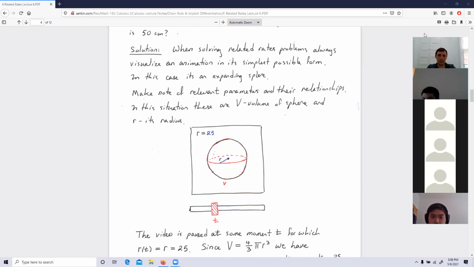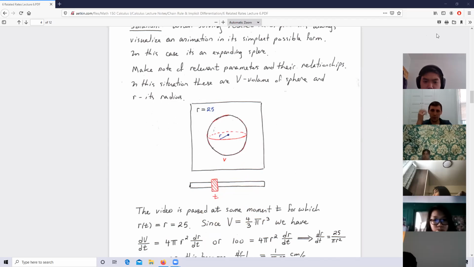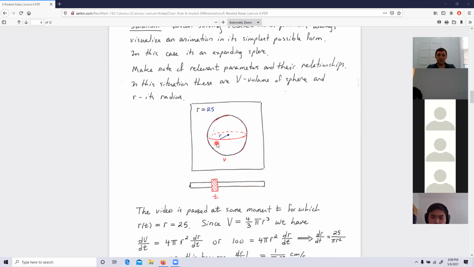Here is the picture of that sphere. Here is the radius of that sphere. Here is the volume. Then I know that the volume of a sphere is 4/3 pi r cubed. Do you agree? I wrote you that formula. That's the formula for the spherical volume. I want to know with what speed the radius is growing.